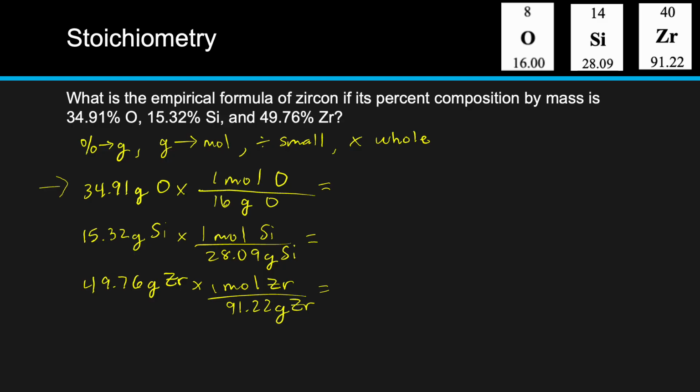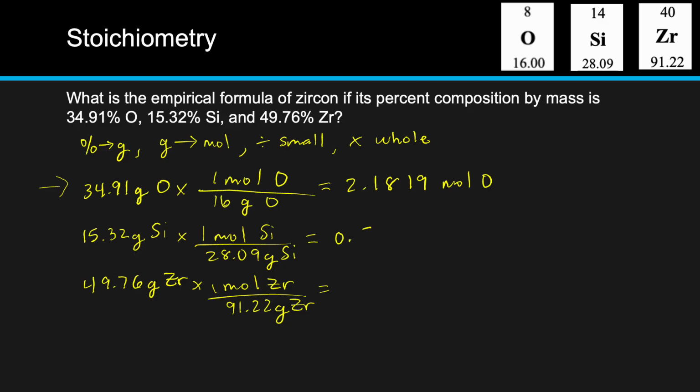So for the first one, we have 34.91 divided by 16. That's going to give us 2.1819 moles of oxygen. Then for silicon, we have 15.32 divided by 28.09.